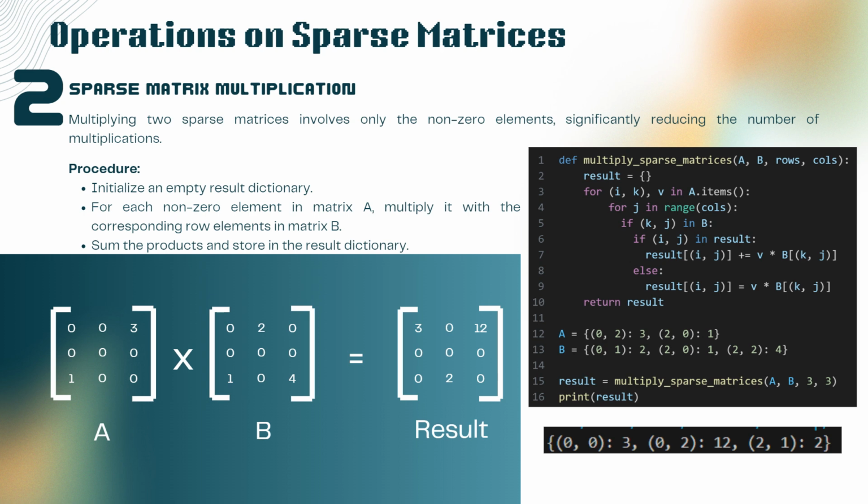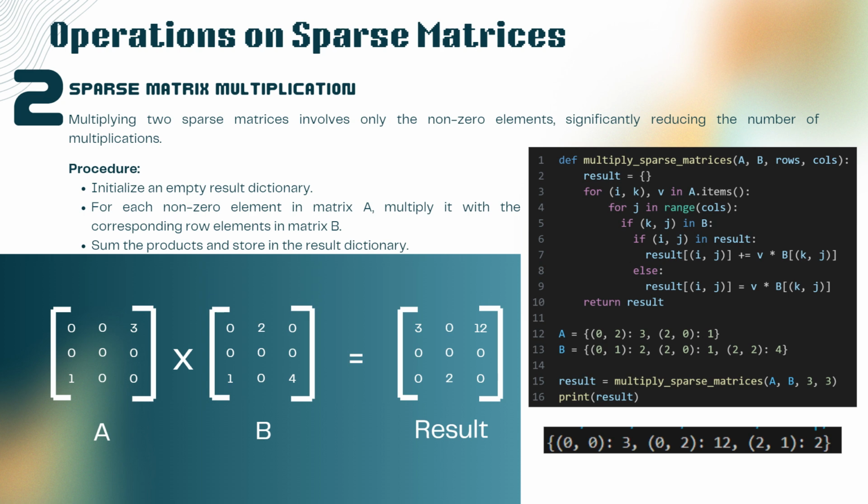After that, another for loop is implemented with the value j in the range of the total number of columns. Then we have an if condition for the position values k and j in matrix B.